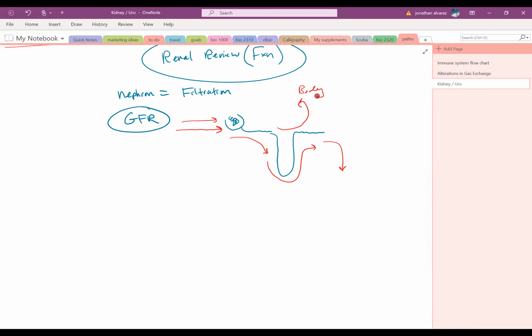It gets reabsorbed. This is your filtration rate. How fast is this fluid coming into the kidney, and more specifically into the nephrons, and then into the glomerulus? We call that the glomerular filtration rate. And you can do a lab on this to figure out where the person is at.